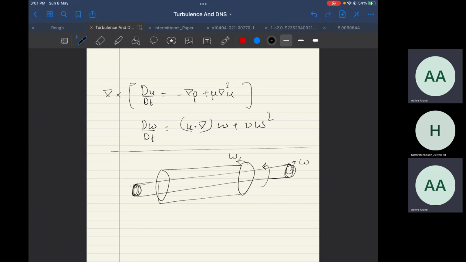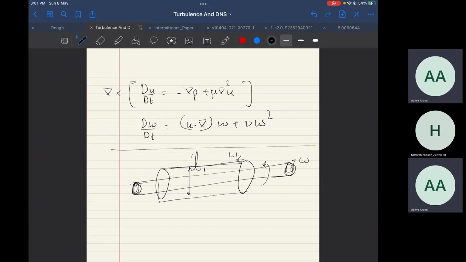And what happened while the vortex was stretching is the scale for this one was L1, and the scale for this one is L2. So the vortex that was L1 earlier is L2 now, and L1 is greater than L2. So basically, the energy that was at a larger scale earlier is now at a smaller scale.